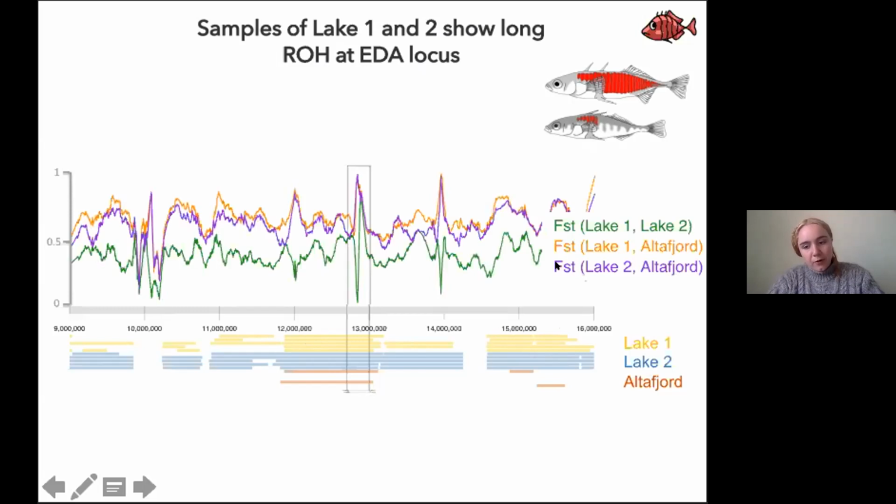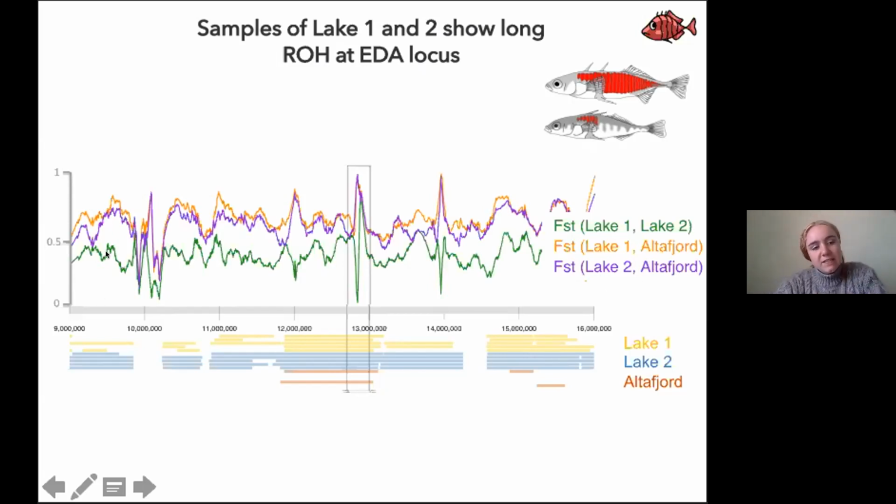The upper part of this plot is showing the FST values in this region. FST is a measure of population differentiation between 2 populations. The green line is showing the FST comparison between Lake 1 and Lake 2, and the other 2 lines are showing the FST comparison between Lake 1 and Lake 2 and Altafjord respectively.